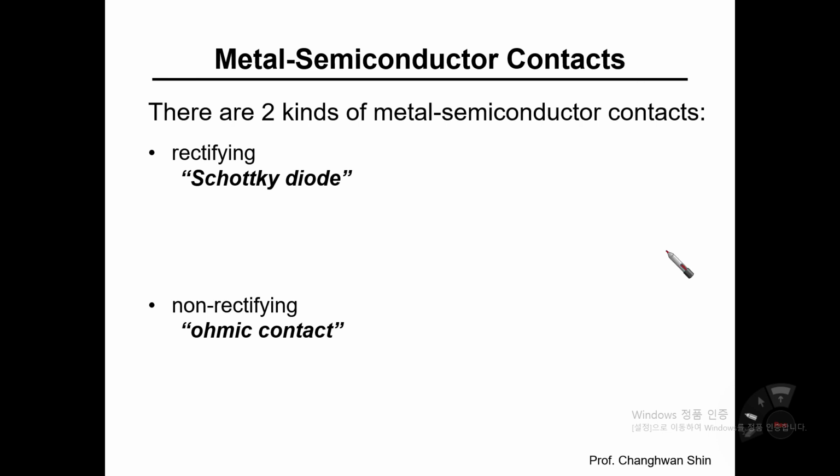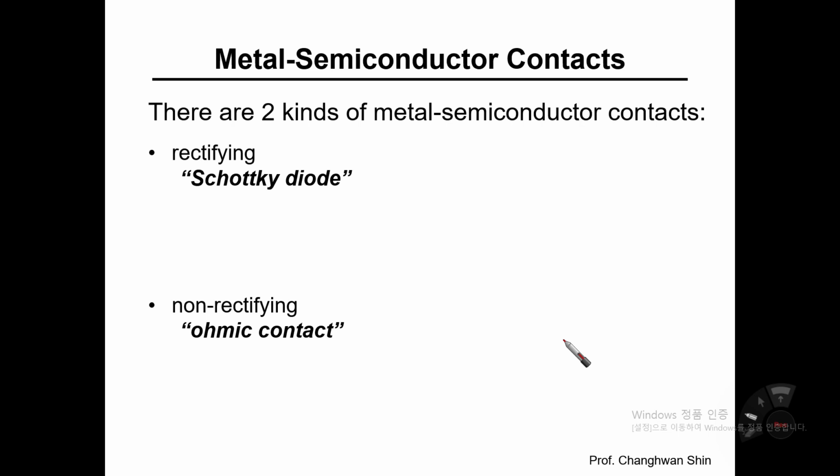Please review all the basic parts before moving forward to understand MS contact and p-n junction diode. I guess this slide really gives us the flag: we have covered all the basics and introductory parts of solid state physics.